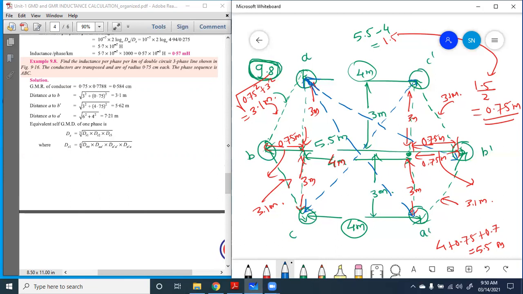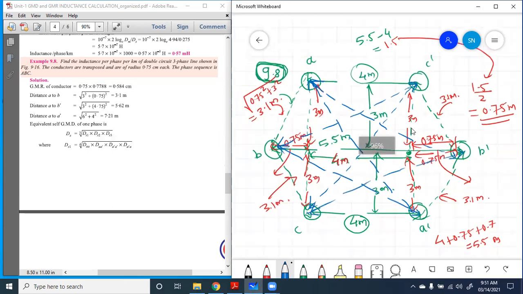Similarly, distance CB', similarly distance BA', similarly distance BC'. Now, how to calculate?